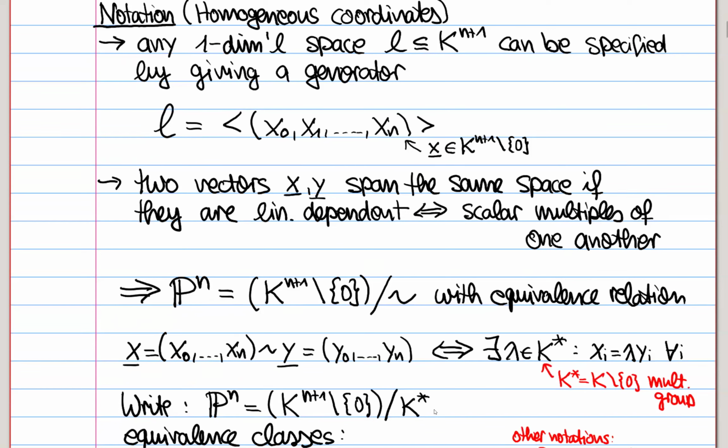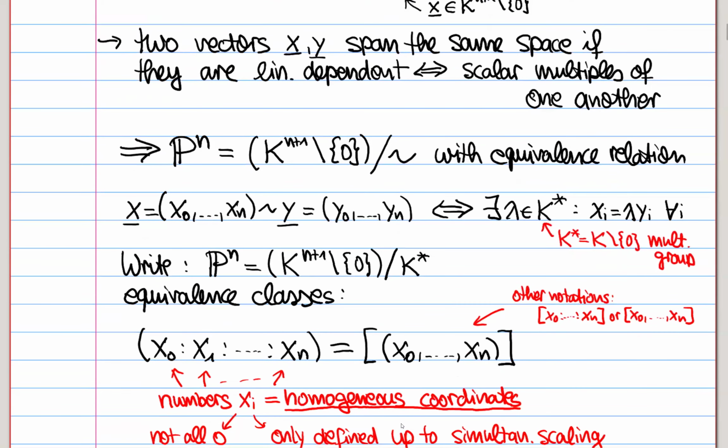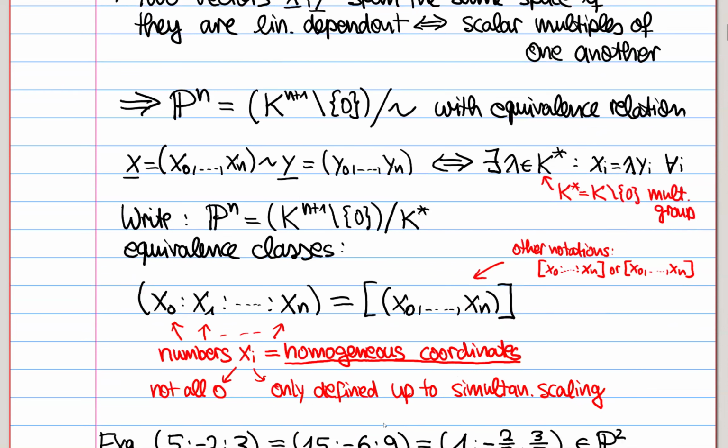And then this here is the quotient under the group action. And we denote the equivalence classes of these points with this notation here. The equivalence class of such a vector is again in round parentheses, but instead of having the commas here, we place these colons.